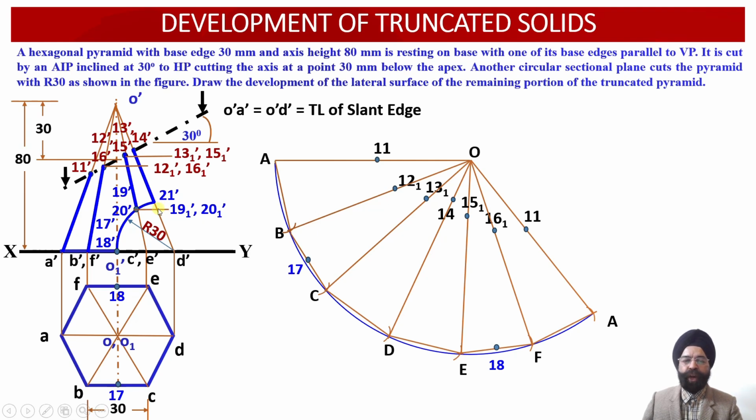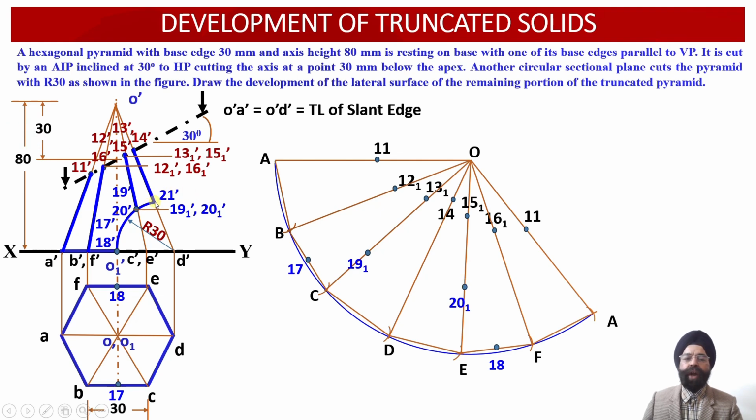So at this point of intersection, we are going to obtain this radius distance equal to O dash 19 1 dash and O dash 21 dash over here. So onto the 2 generators OC and OE, if we mark these 2 distances, point 19 onto the generator OC and point 21 onto the slant generator OE, we have evaluated over here.